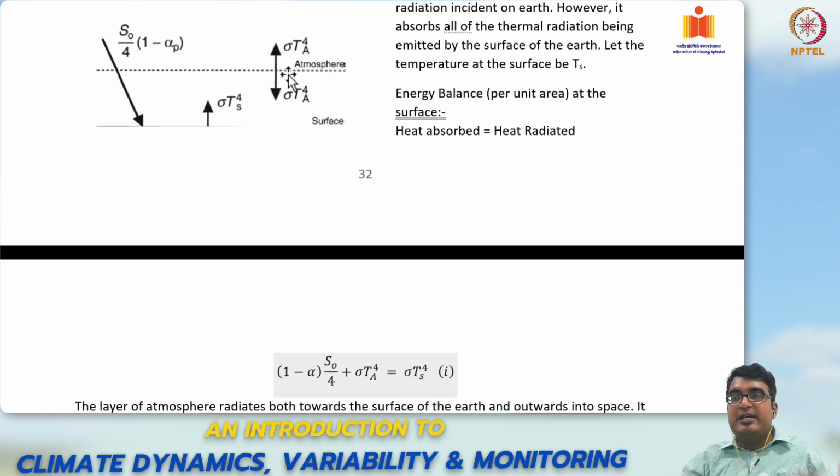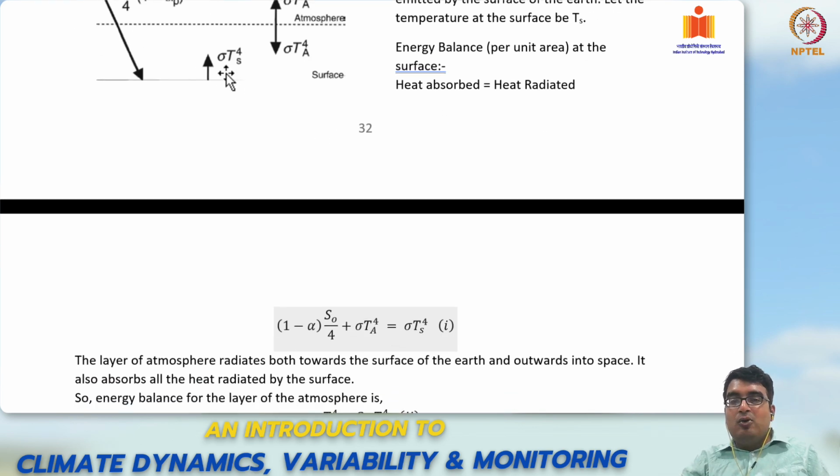So, atmosphere is radiating thermal radiation down towards the surface at the rate of sigma Ta to the power 4. So, we assume the atmosphere is also a perfect black body. Okay. So, its emission is sigma Ta to the power 4 per unit area, of course. Okay. So, the total incoming radiation that the surface is absorbing is 1 minus alpha S0 by 4, the solar radiation, and sigma Ta to the power 4, the radiation from the atmosphere towards the surface.